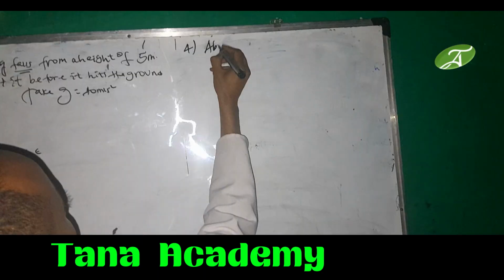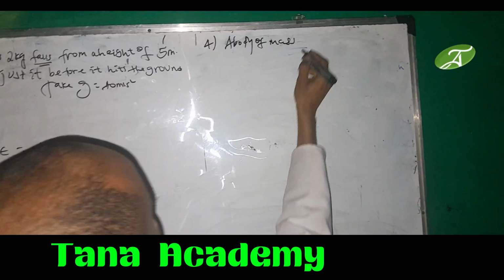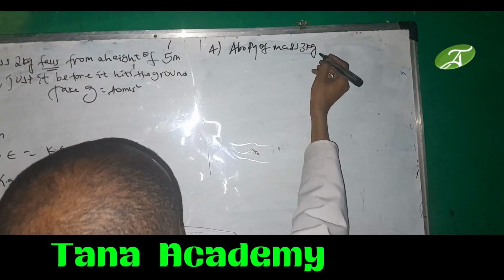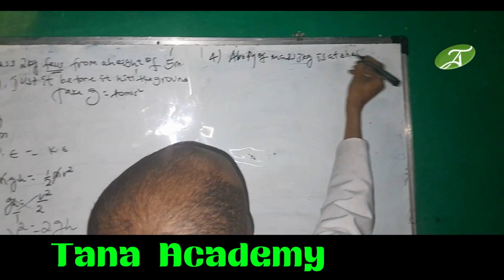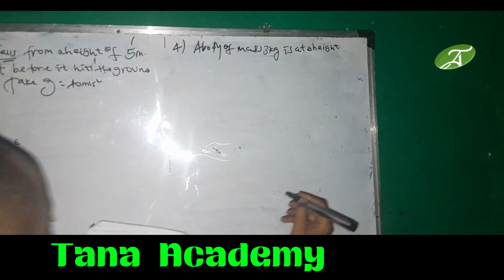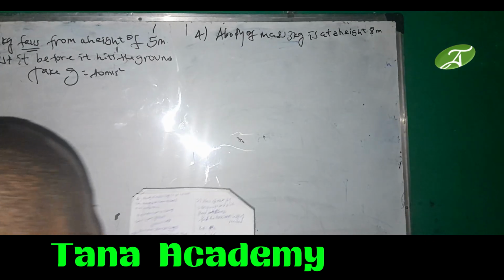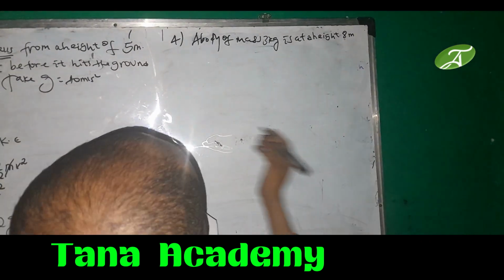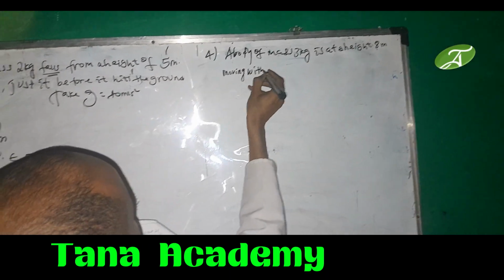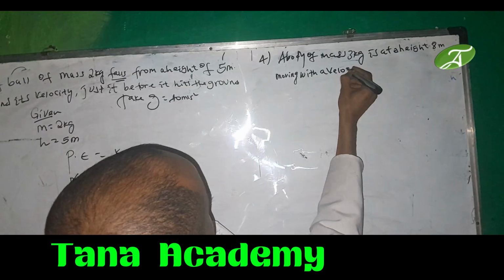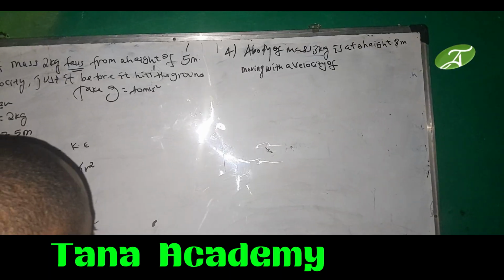Number 4. A body of mass 3 kg is at a height of 8 meter, moving with a velocity of 4 meter per second.